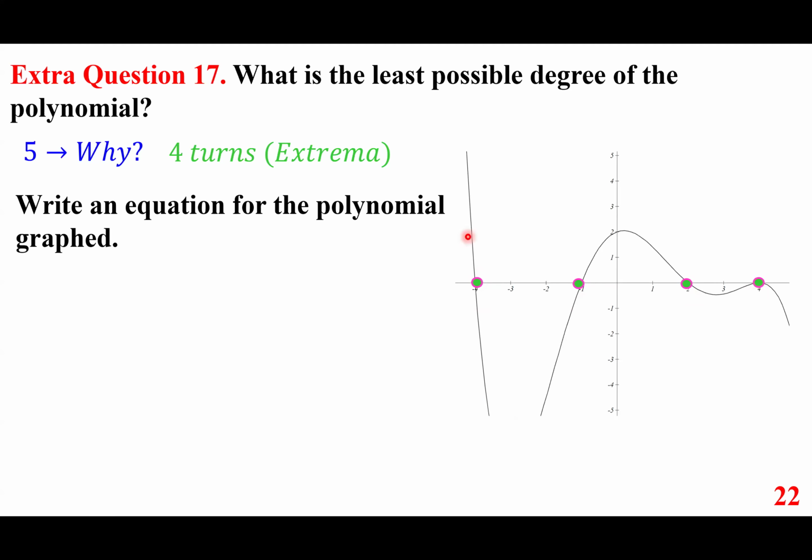So this crosses, this crosses, this crosses. This one doesn't cross. This one is the only one with an even multiplicity, for example, 2. So what is that equal to? We write for this one x plus 4 times x plus 1 times x minus 2 times x minus 4 squared. And then we put something in front of it like a.